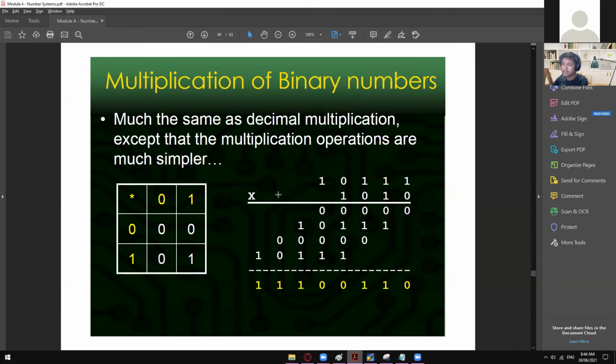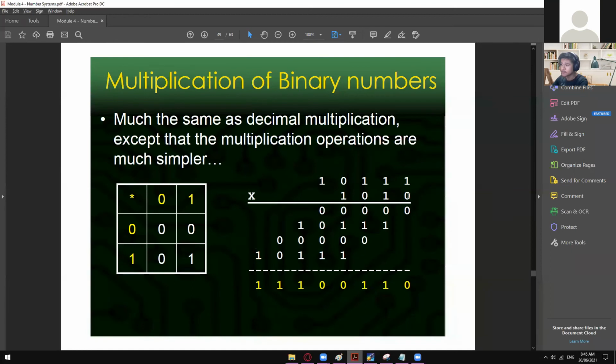I would say that this is the easiest part of binary arithmetic. As you can see right here, everything looks normal. If you're going to multiply operand 1, it's the same as how we do things in normal mathematics.